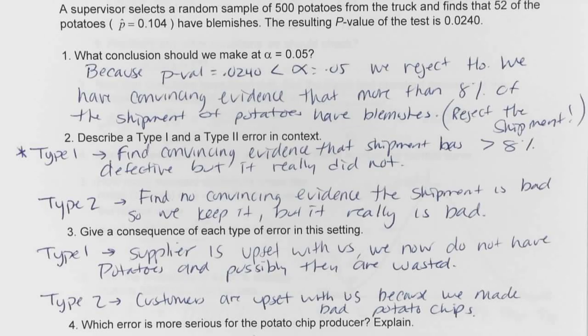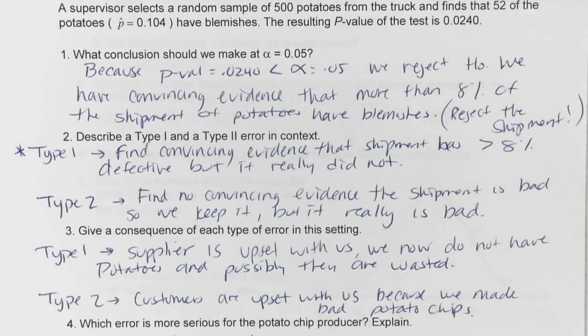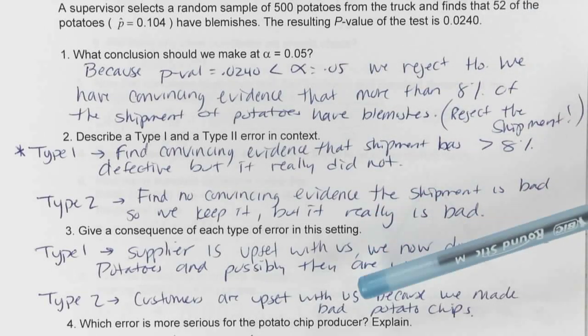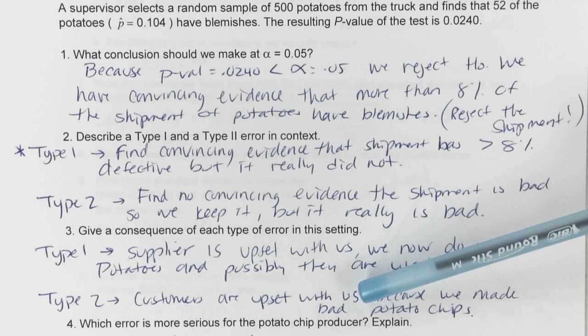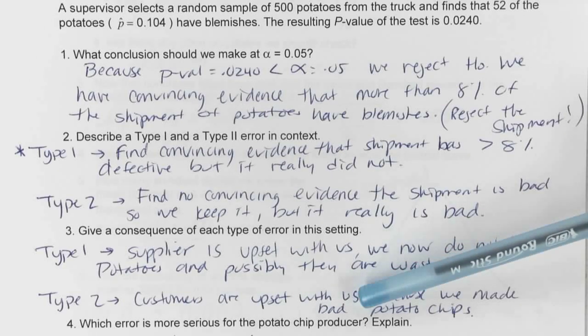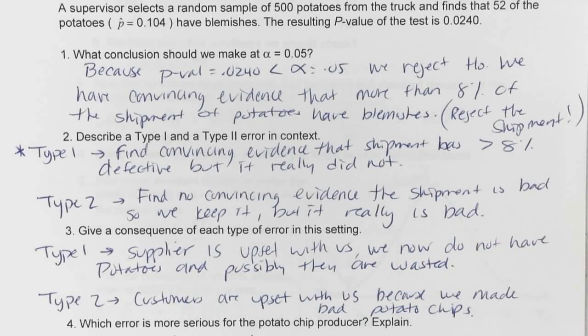Which error is more serious for the potato chip producer? We're the producers, so we have to think which one is worse. From a business standpoint, if sales go down, money in our pocket goes down. Business starts to drop. Maybe I end up going out of business.